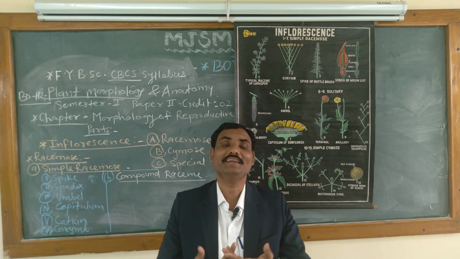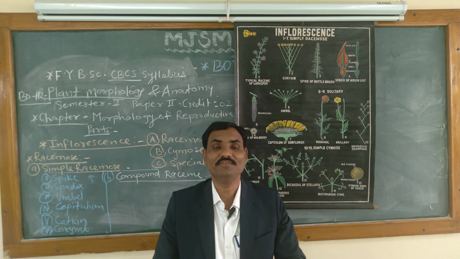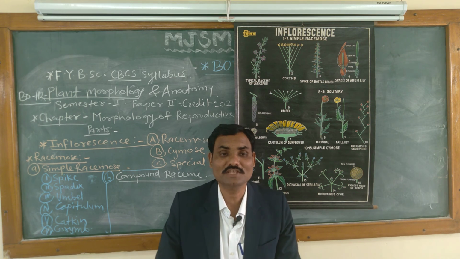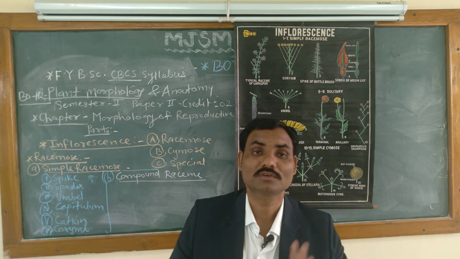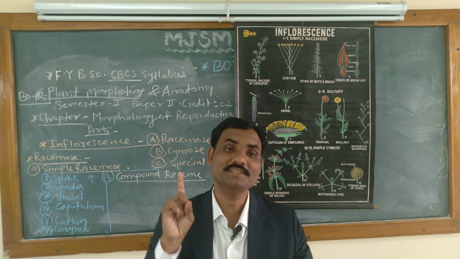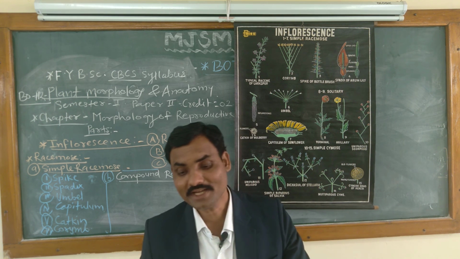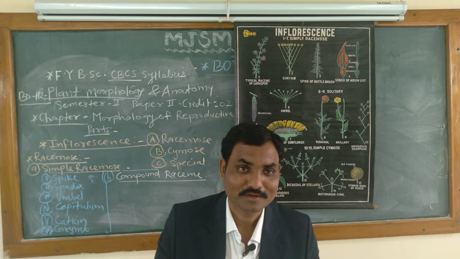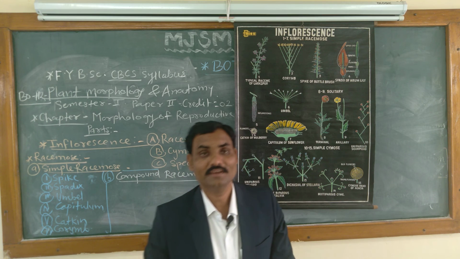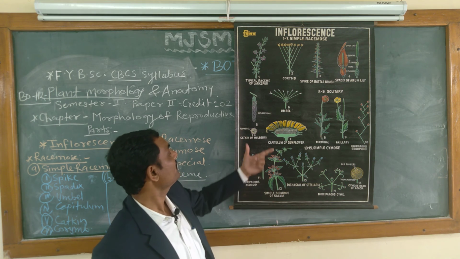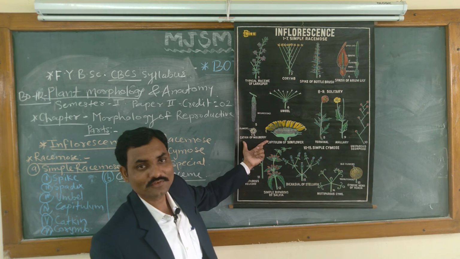The flowers are naked and are either pistillate or staminate, but not both. Both are not present at the same time. The example is mulberry. We have eaten the fruits of mulberry.